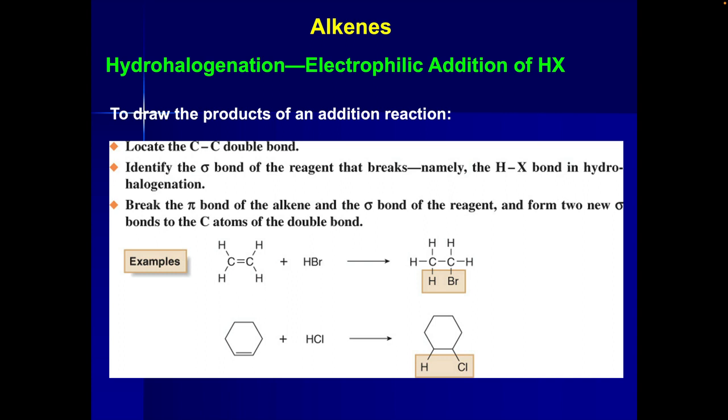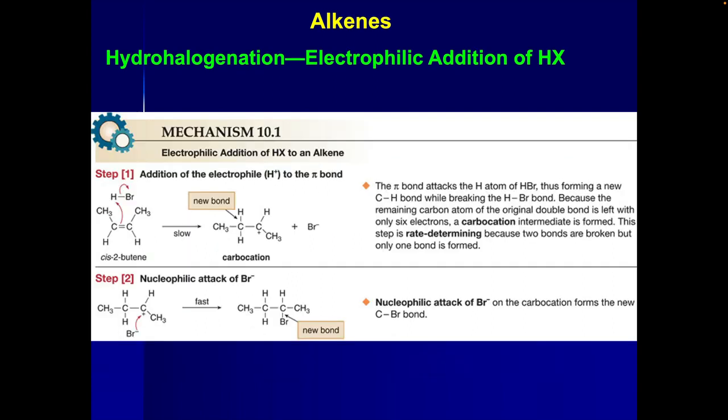Bromine is the atom, but what's the substituent? Bromo, right? So put it together, bromoethane. Yep. Do I need a number? I do not. This is bromoethane. Very good. Okay? Now, how in the world does that work?